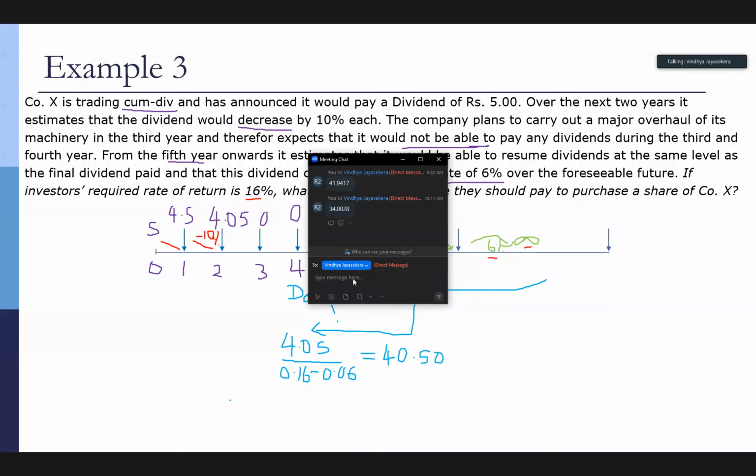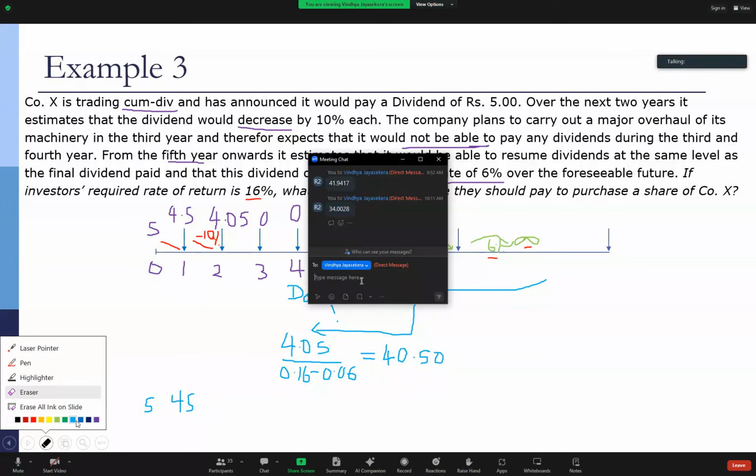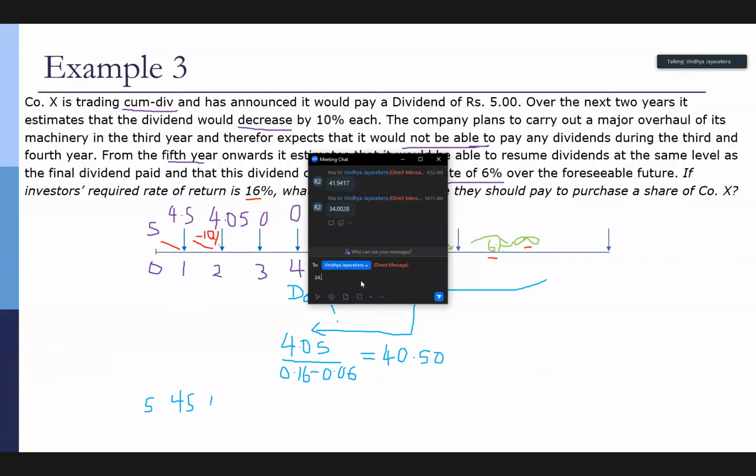So now when I look at my cash flows, in year 0, I have 5 rupees. In year 1, I have 4.5 rupees. In year 2, I have 4.05 rupees. 0 rupees in year 3 and 40.5 rupees in year 4.